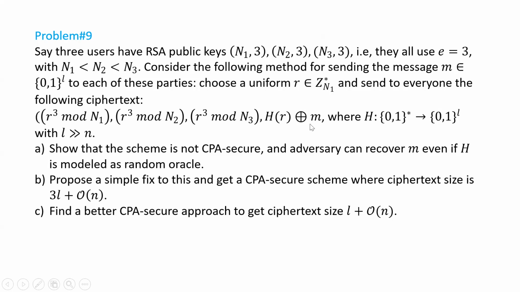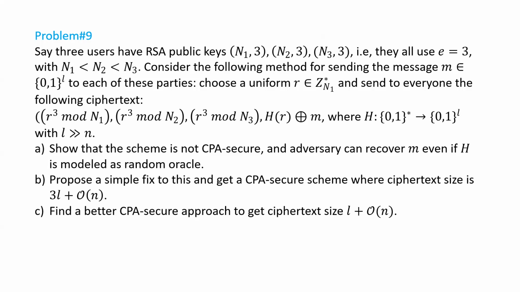So the fourth component has length L, and the modulo n components have order of n. You can think of the binary representation of each of those Ni's as upper bounded by some polynomial function of n.